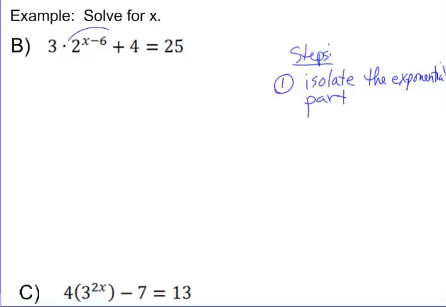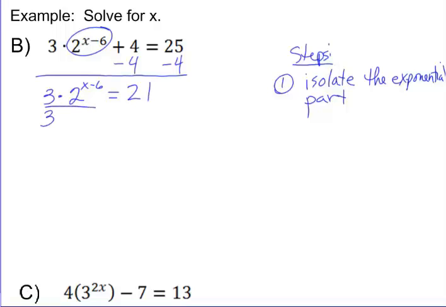Okay, that's the part that has the exponent and the variable. So you need to get that piece by itself. So what are we going to do first to get that piece by itself? Yeah, always do the opposite. So we'll subtract 4 from both sides. We get 3 times 2 to the x minus 6 equals 21.